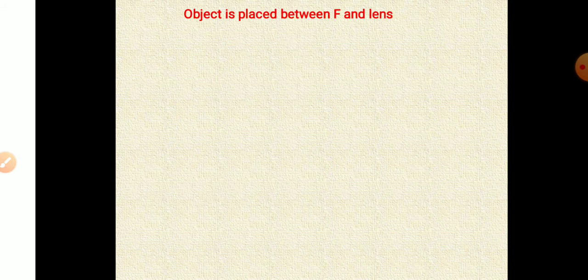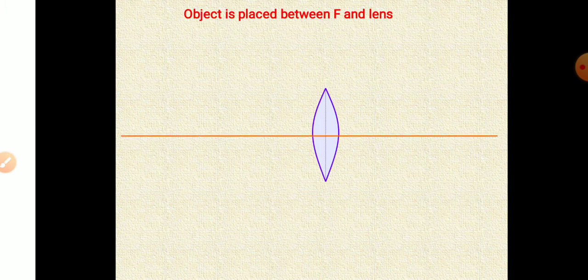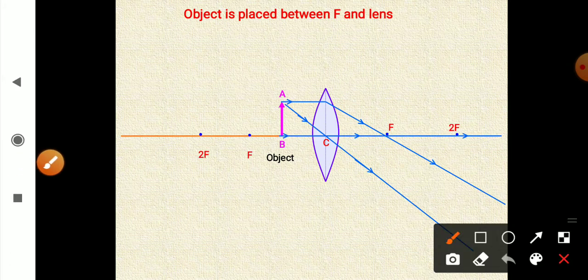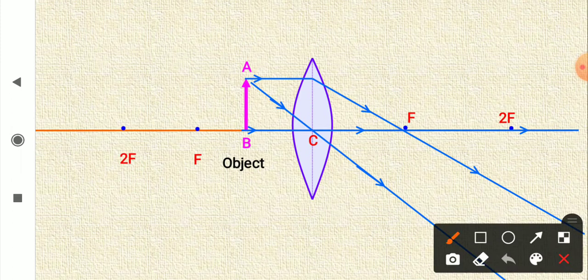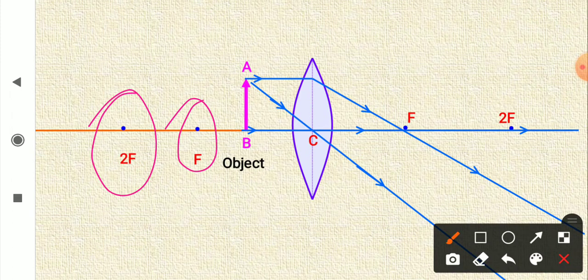Now, the object is placed between focus and the lens. Here we have brought the object even closer, between the lens and the focus. Look at it. Focus on the left side F to 2F, focus on the right side F and 2F.